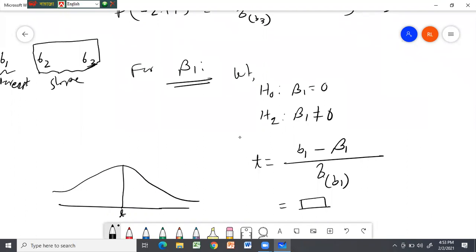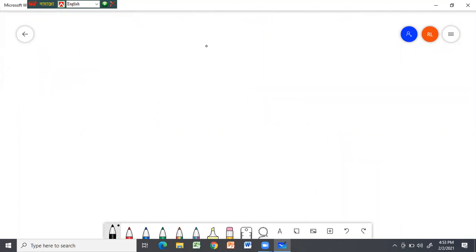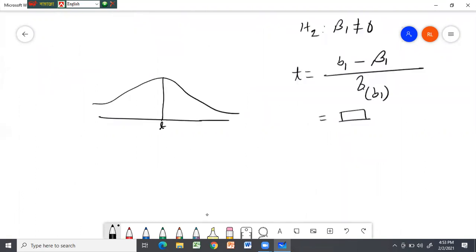Say your calculated t value is found to be 15.23 or 20. Sorry, not this is the 15, but this is the position at which your level of significance will start.